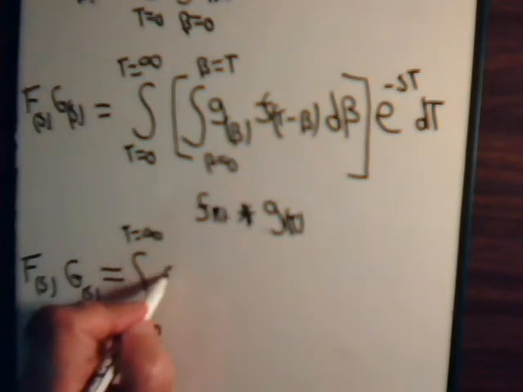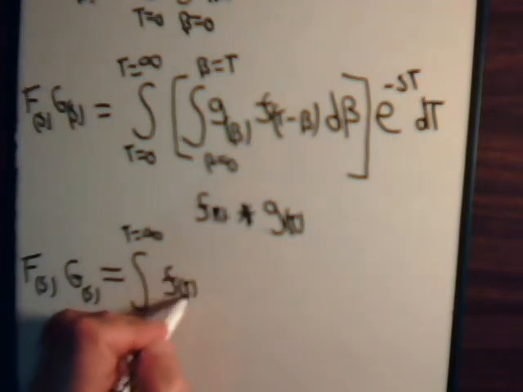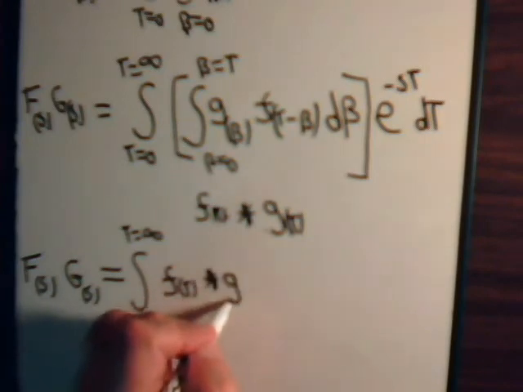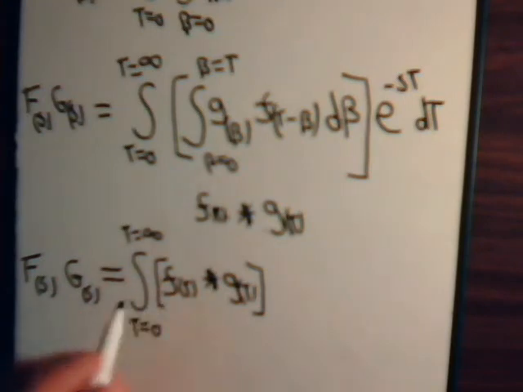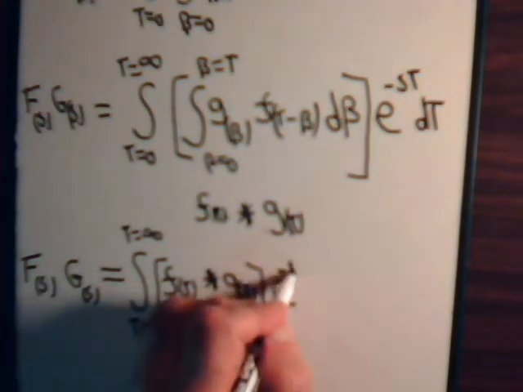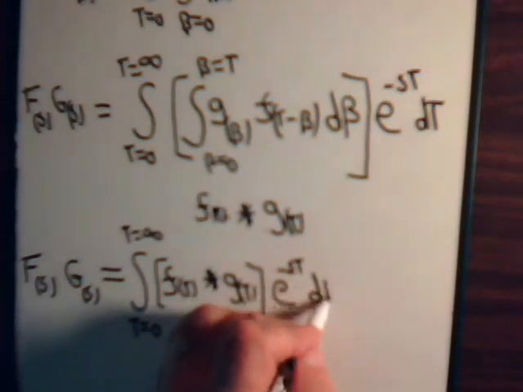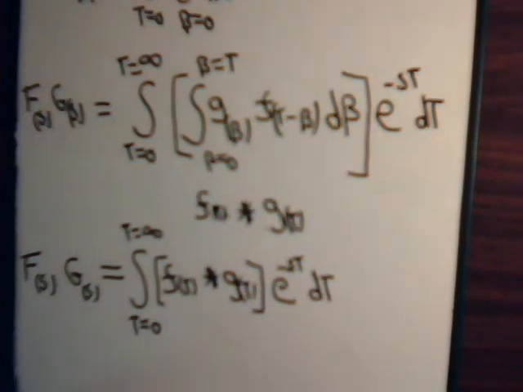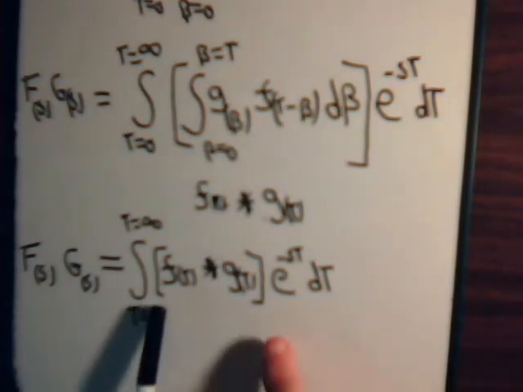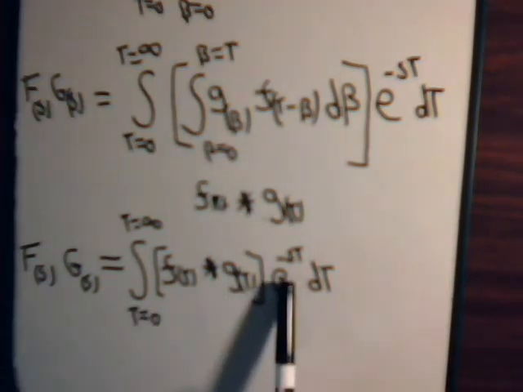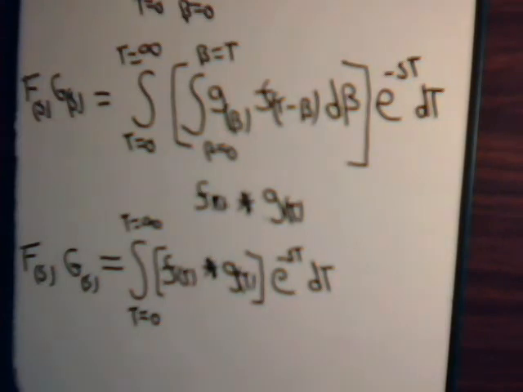So we have f of t convolution g of t times e to the minus st dt. But let's look at this integral. This is just the definition of a Laplace transform. We have some function, this, times e to the minus st dt, and the limits are t equals 0 to t equals infinity.